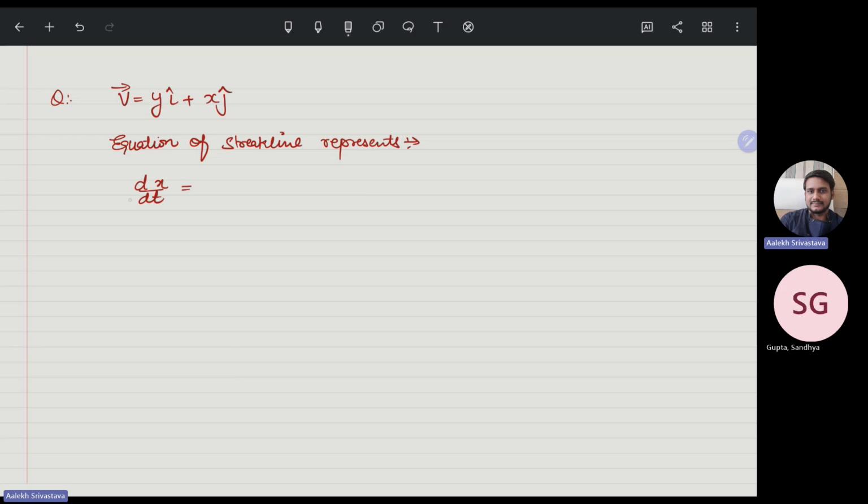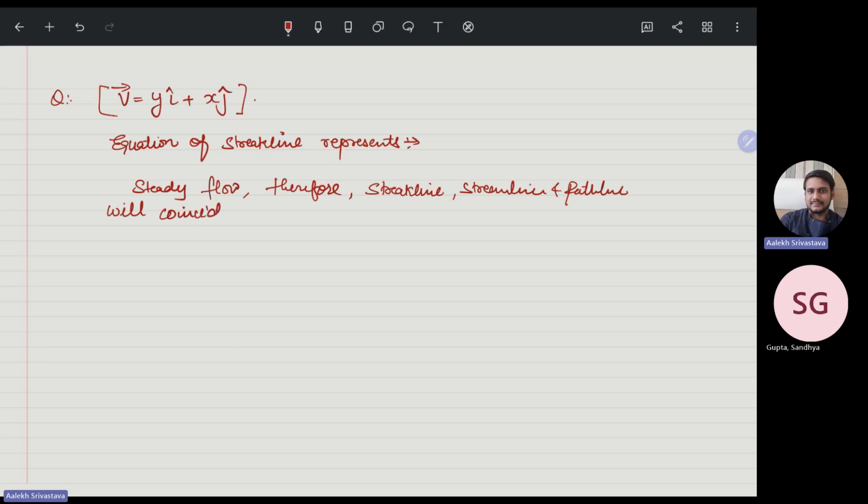Okay, so the thing is, as you can see, this is a steady flow, therefore streamline, streak line, and path line will coincide.